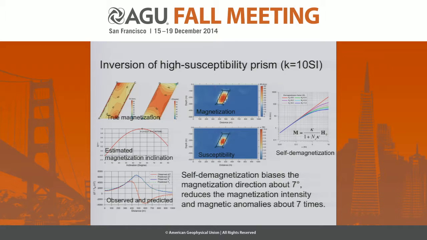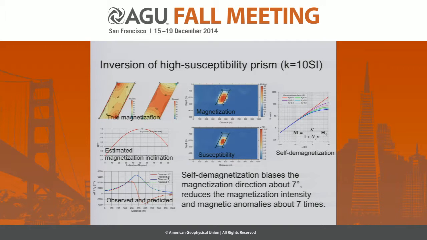Now this is the result of a high susceptibility prism. The susceptibility equals 10 SI. For this high susceptibility prism, there is strong self-demagnetization. This is the real distribution of the internal magnetization intensity and direction.